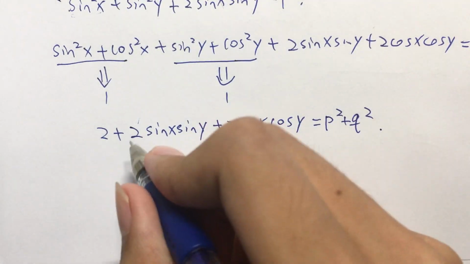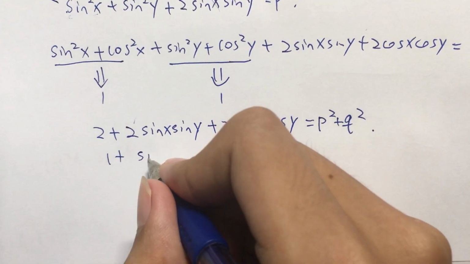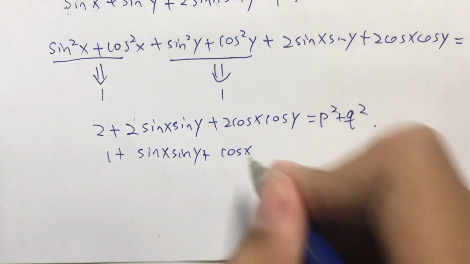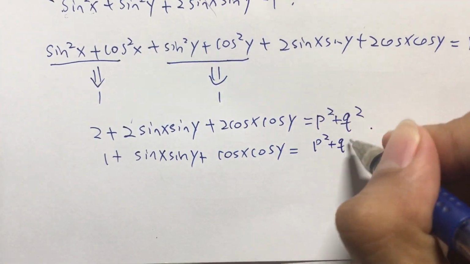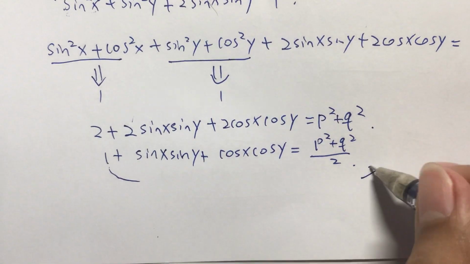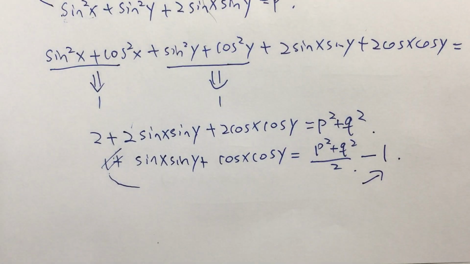And let's divide it by 2 on both sides, which becomes 1 plus sine x sine y plus cosine x cosine y equals (p squared plus q squared) over 2. And we put this 1 onto this side, which becomes minus 1.